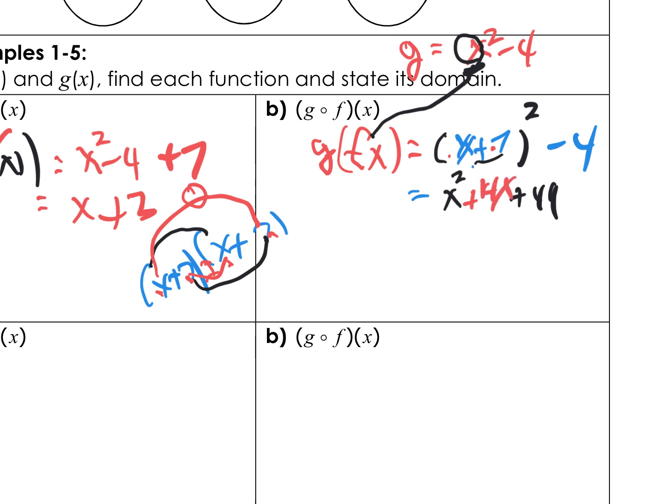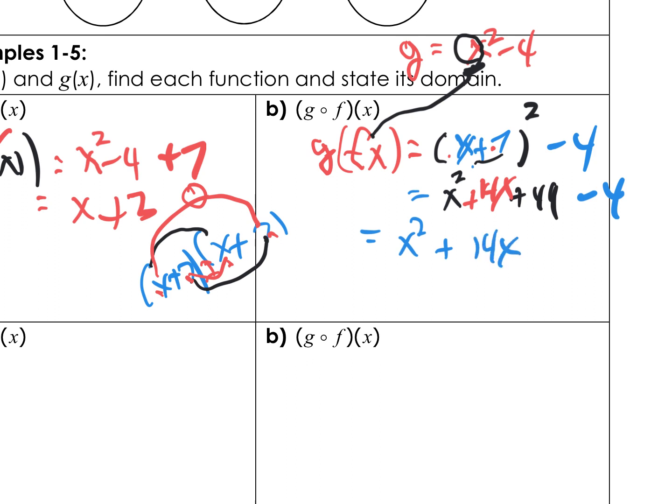Don't forget, though, I still had this minus 4. That was part of the g function. Equals x squared plus 14x.